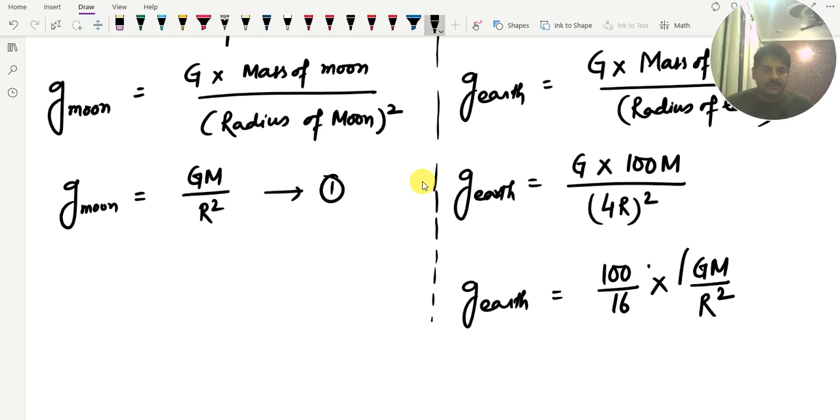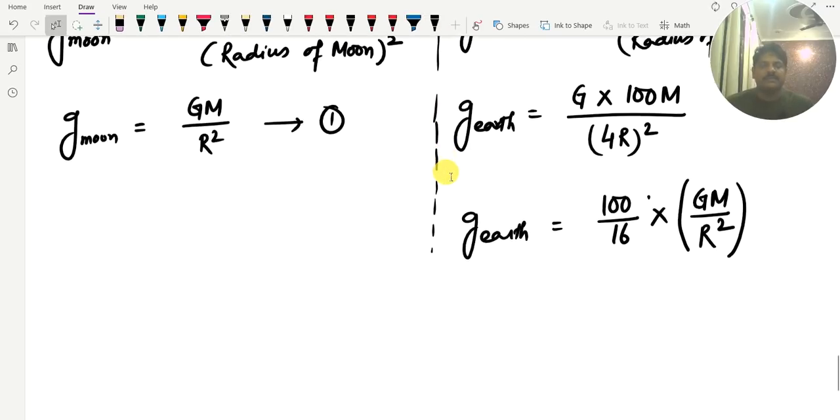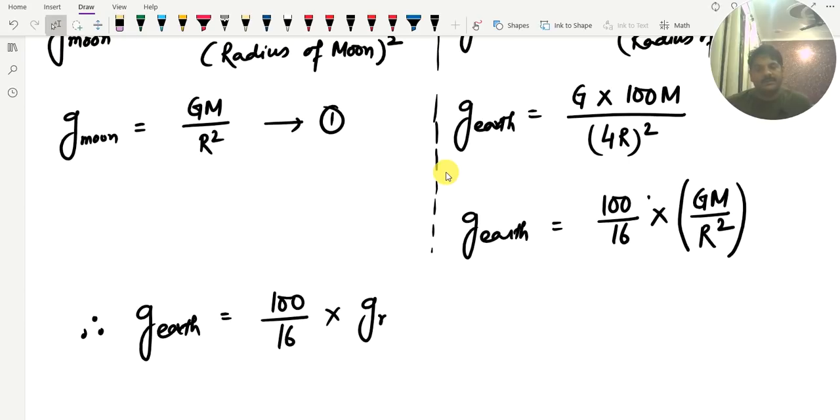Now what is this Gm by R square? Gm by R square is nothing but G Moon. So therefore we get G Earth is equal to 100 by 16 into G Moon.